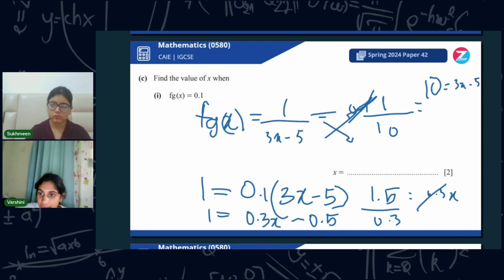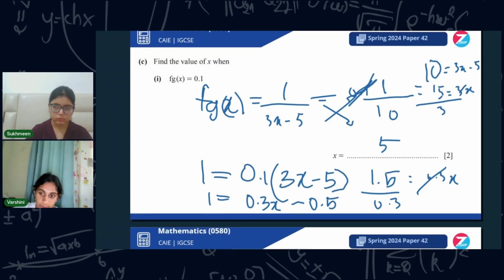And now again, we just add 5 to both sides. 15 equals 3x. And again, now to get rid of this 3, we divide both sides by 3. And so x is going to be 5. I think writing this as a fraction is the easier way, but again, you can also do it straight as 0.1, and you put this in your calculator, it should also give you 5.